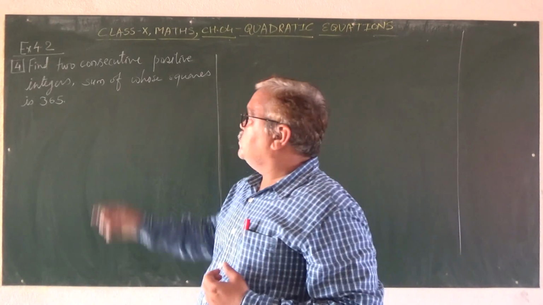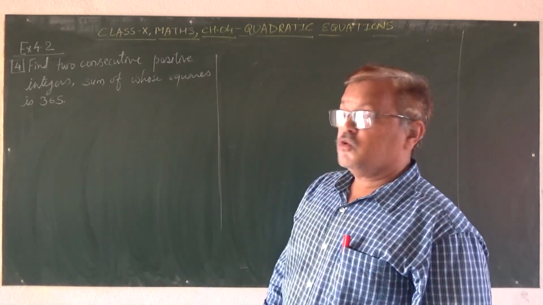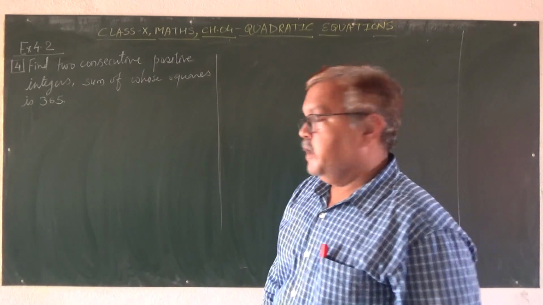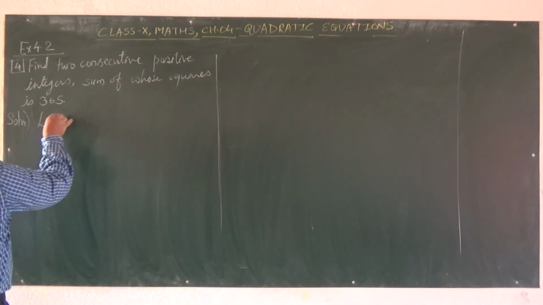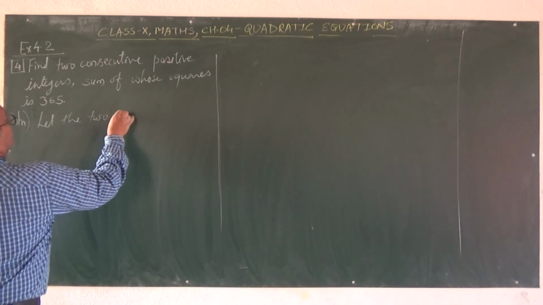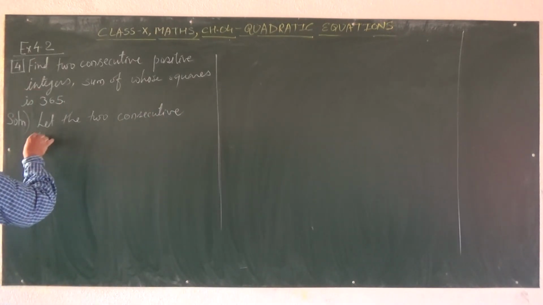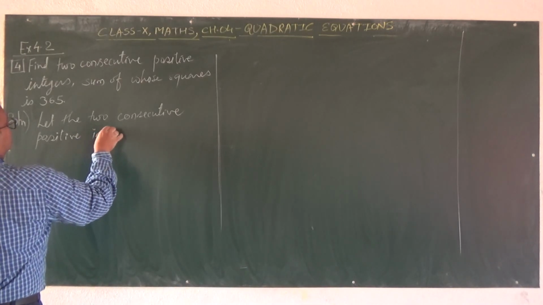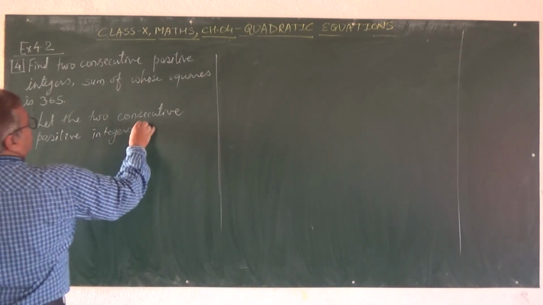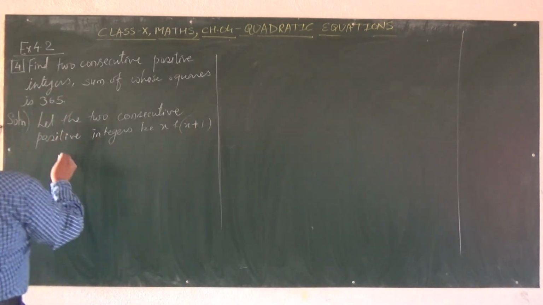Students, let us see question 4. Find two consecutive positive integers, sum of whose squares is 365. Okay, let us see. Consecutive, one coming after another. Let the two consecutive positive integers be x and x plus 1 respectively.